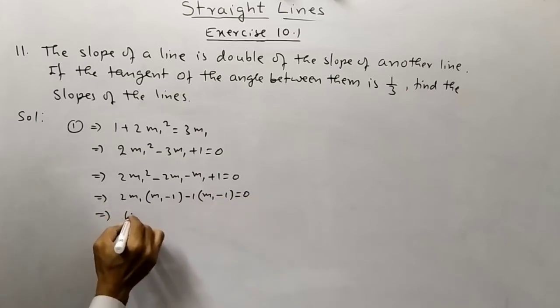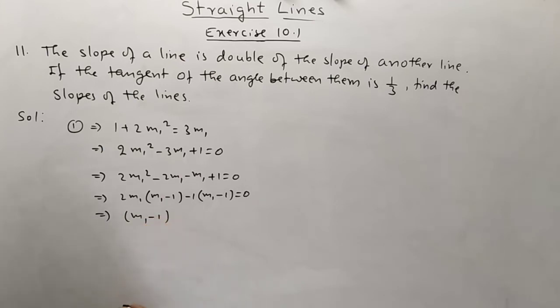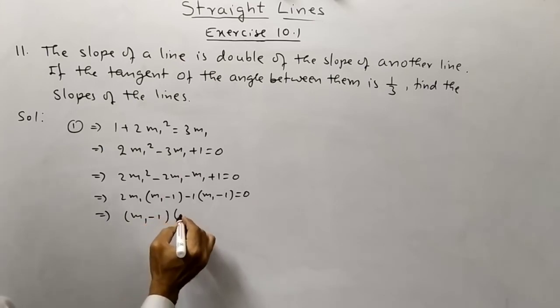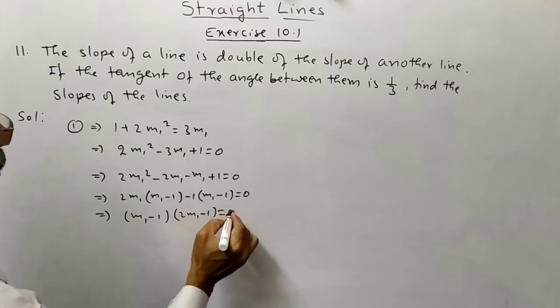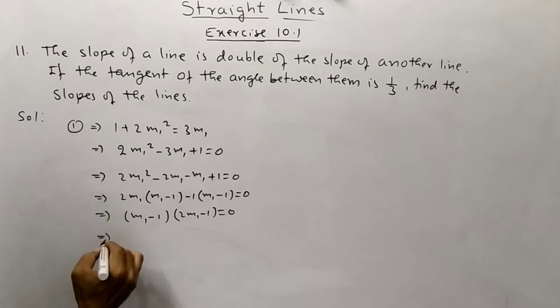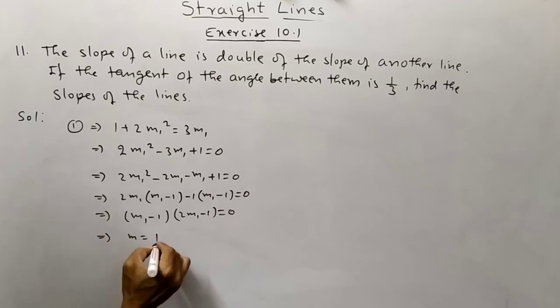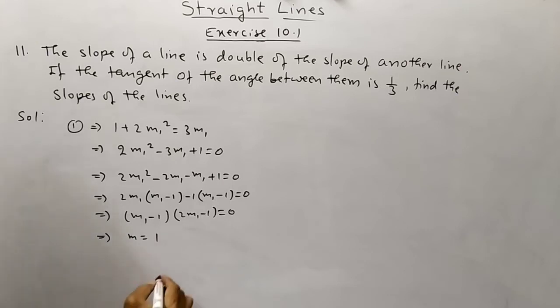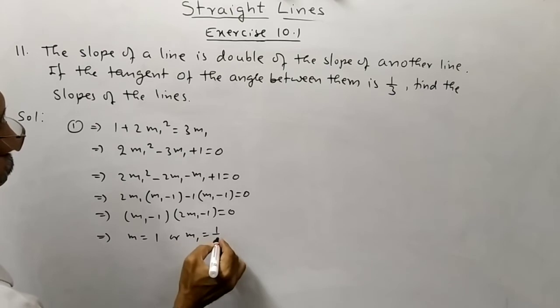Again, when you take (m1 minus 1) common, then you will get (2m1 minus 1) is equal to 0. This implies m1 is equal to 1 or m1 is equal to 1 by 2.